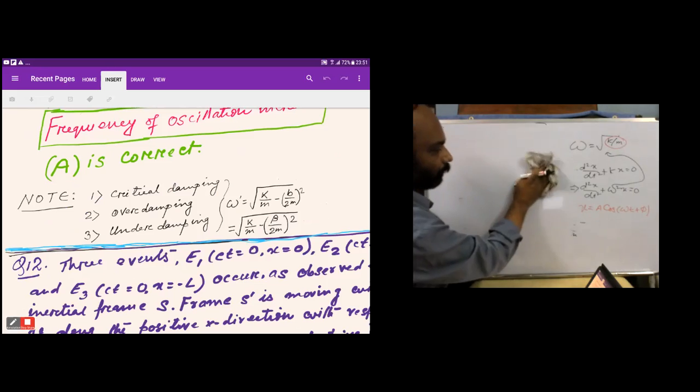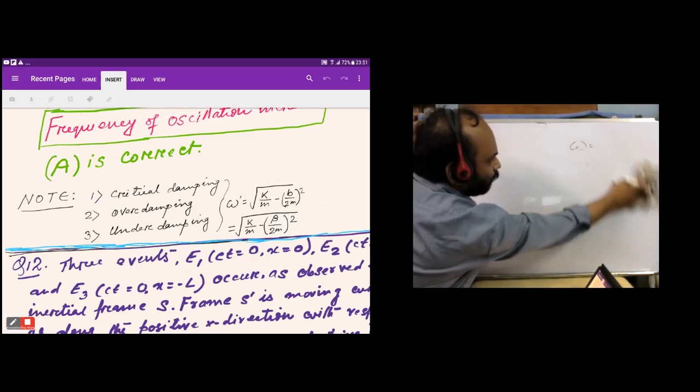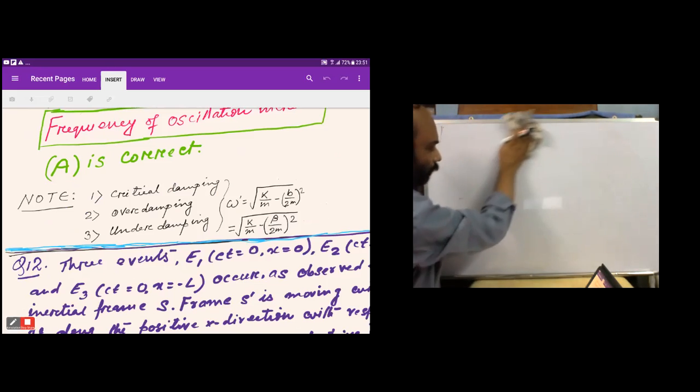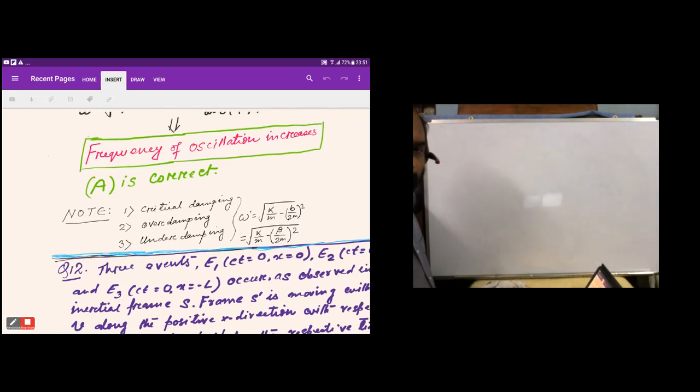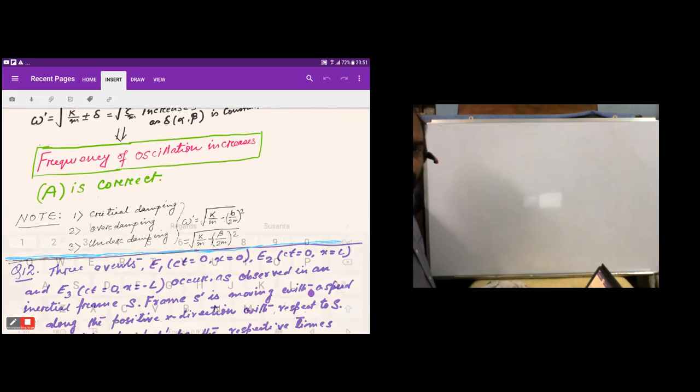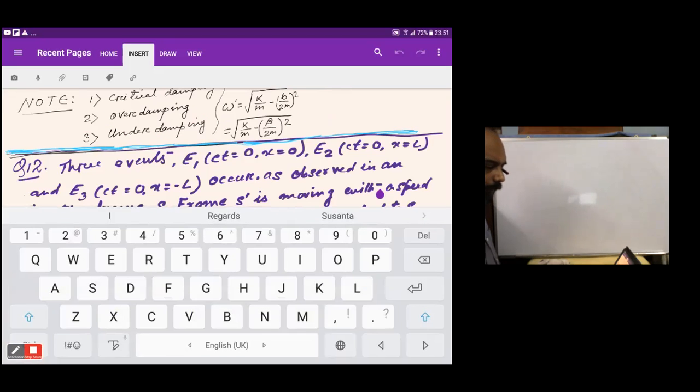Now the next problem, that is from special theory of relativity. It says three events E1, E2 and E3 occur as observed in S frame.